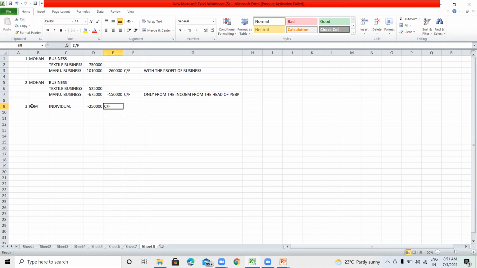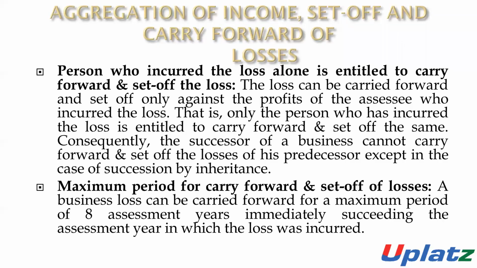Then he is not eligible to carry forward such loss in any other capacity. Only the person who has incurred the losses is entitled to carry forward and set off the same.